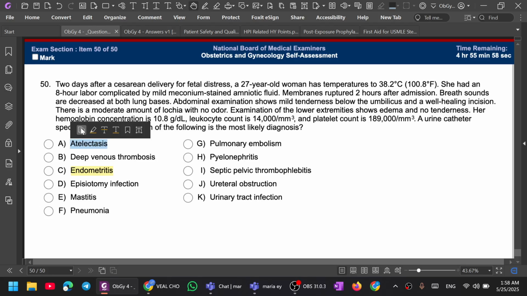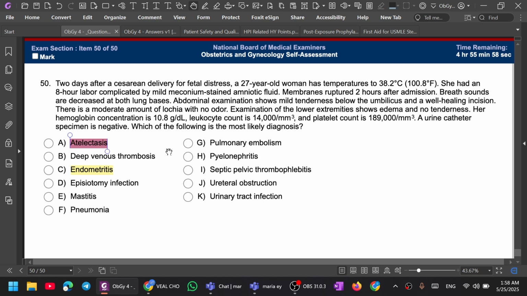Oh wow. I thought the next one, endometritis. What did you think? Endometritis too. That's what I picked. I was like, okay, this is an easy question. Did not see that one coming.